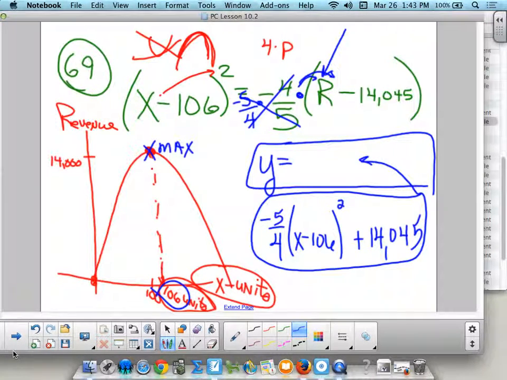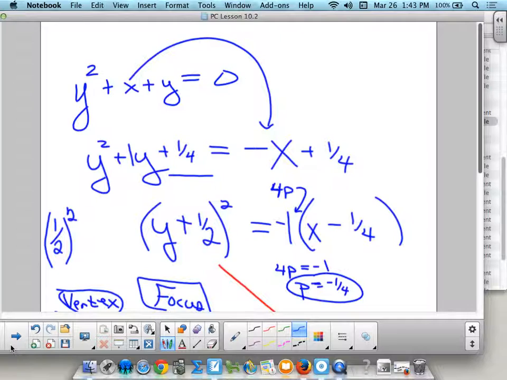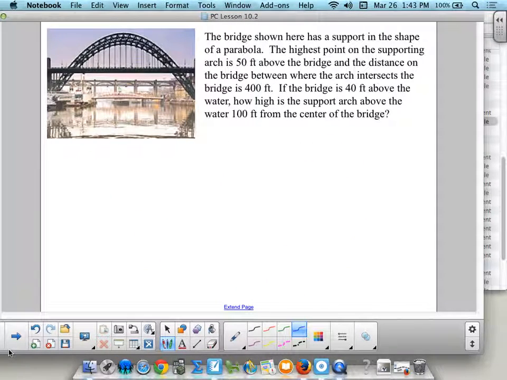Now this next one you're going to do is much more detailed. It is about a bridge. And there it is. Okay, there's our bridge going across the water. We've got a big support arch that holds that bridge up. Okay, and there's your parabola, right? So that is the story. You've got an arch above the road.